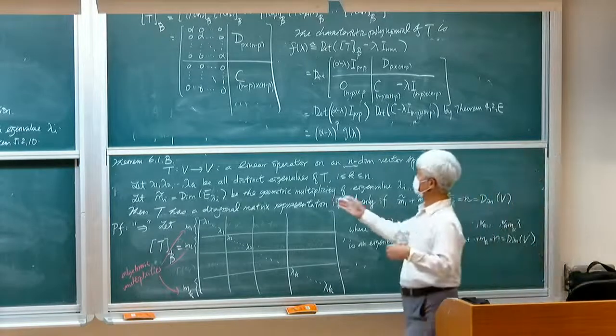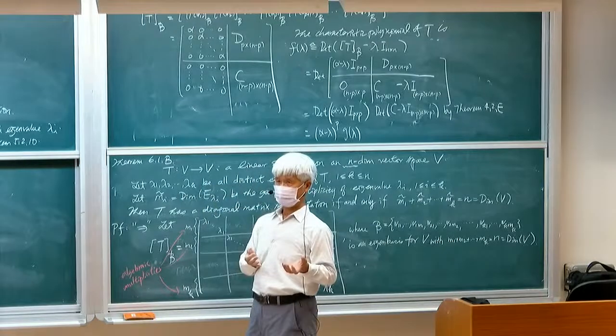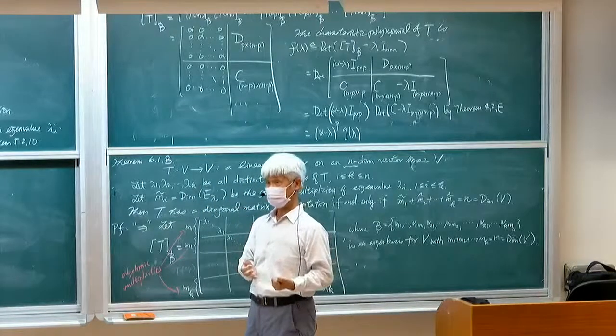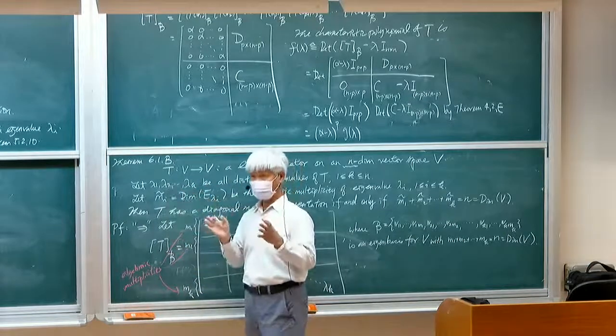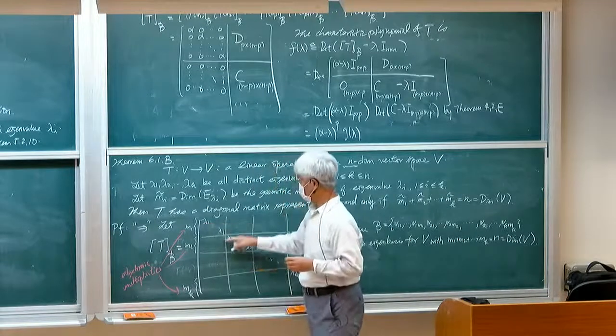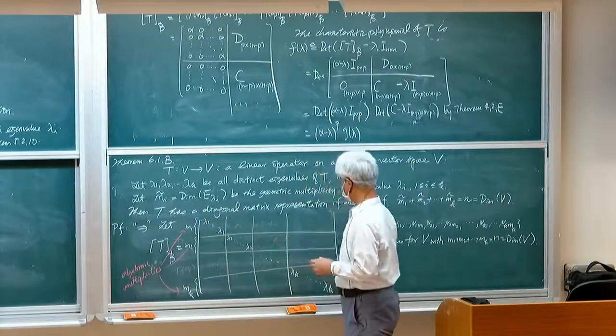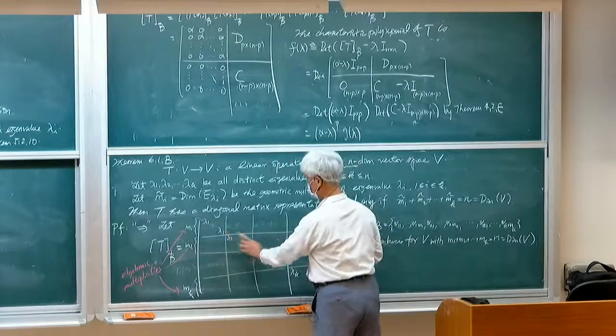When a linear operator T has a diagonal matrix representation relative to a basis B, and we know we have only k distinct eigenvalues, you can see that this diagonal matrix can be arranged in this way: number 1, number 2, etc., number k.